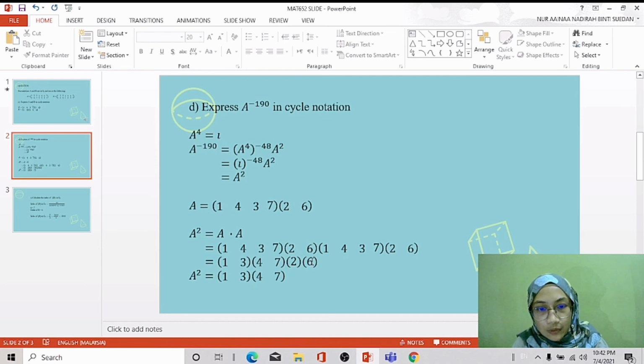So 6 also maps to itself. So we just cancel both cycles. So the final answer is A squared equals (1 3)(4 7).